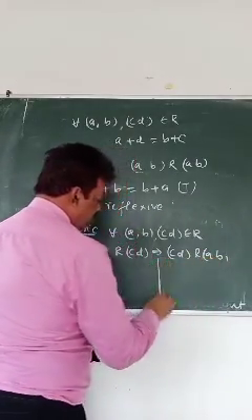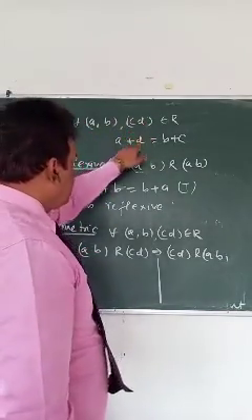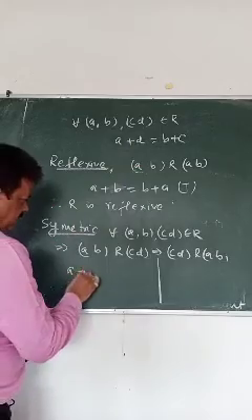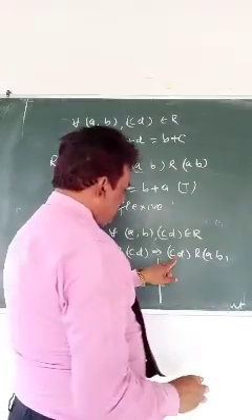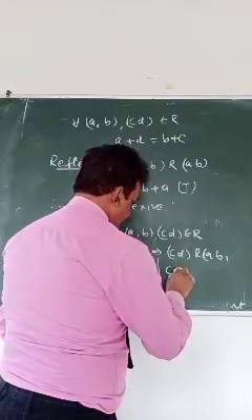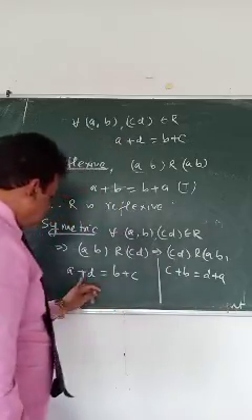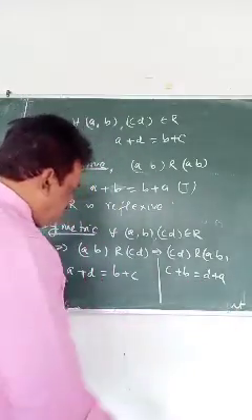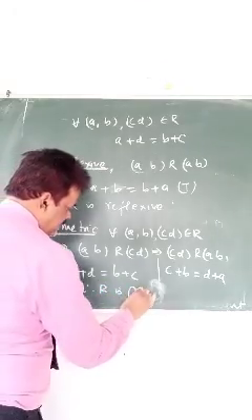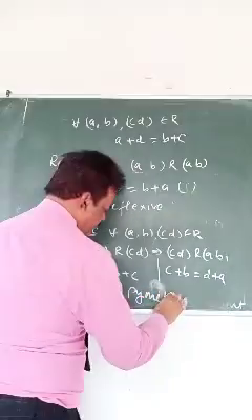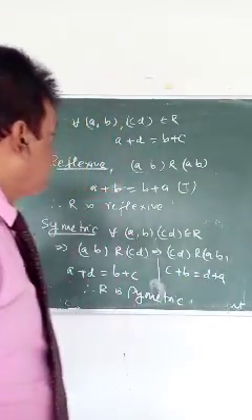So you can write together also. Now definition is first plus last, that is A plus D equals to B plus C. If you see here, C plus B equals to D plus C. Look at same. So directly you can write R is symmetric.